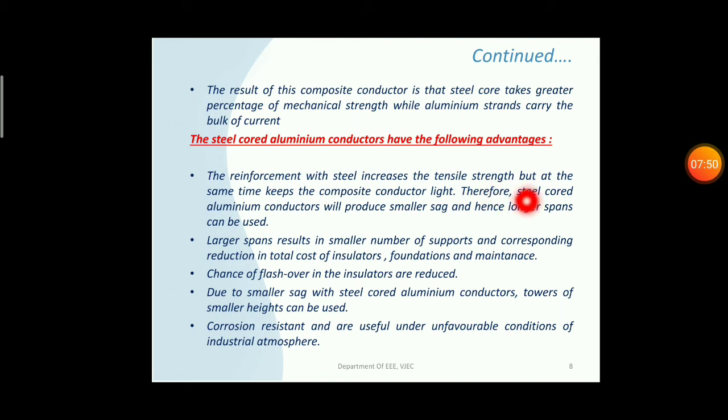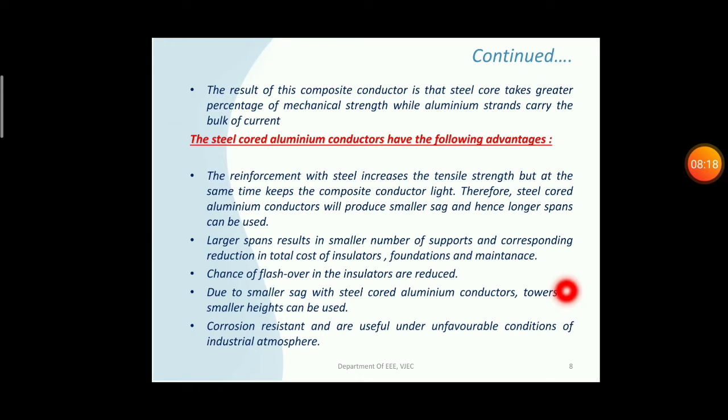As aluminum has lesser tensile strength, it can be increased by reinforcing with steel. At the same time, it keeps the composite conductor light as the aluminum is light. Therefore, steel cored aluminum conductor will produce smaller sag and hence longer spans can be used. Larger spans result in a smaller number of supports and reduction in total cost of insulators, foundations and maintenance.